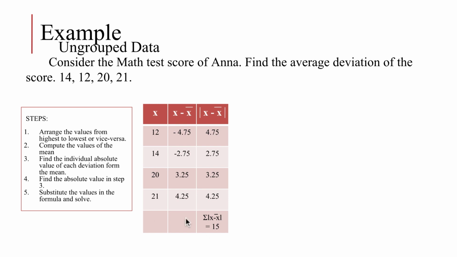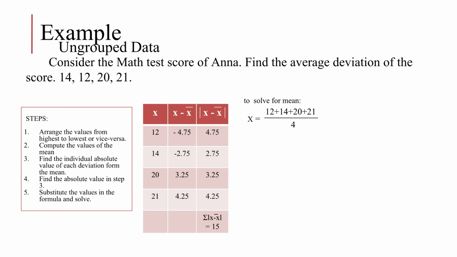To do that, we start with step 1. Arrange the values from highest to lowest or vice versa. In our case, we start with 12, 14, 20, and 21. There are 4 scores in all. Next is to solve for the mean. To solve for the mean, you just have to add them all and divide by the number of scores.